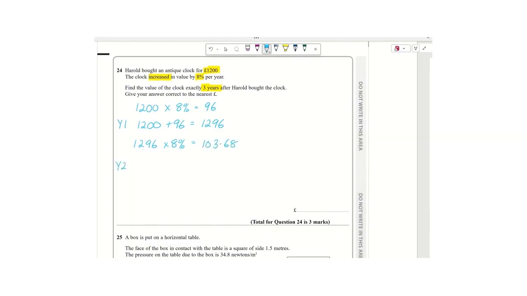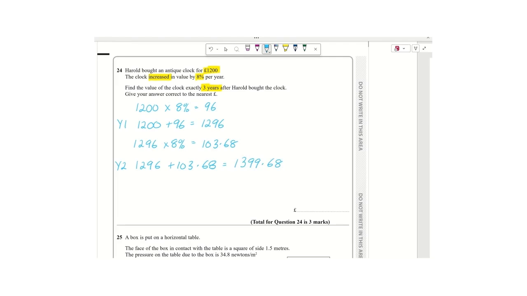So at the end of year 2, it's worth the £1,296 it was at the beginning, plus £103.68. Let me add that into my calculator. So that is £1,399.68. So that's 2 years, and we need to do 3 years.